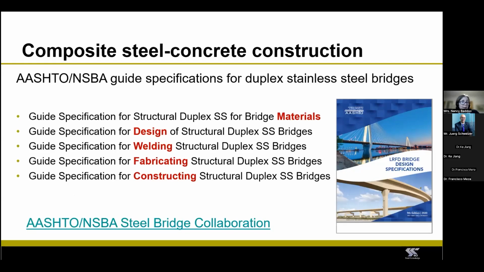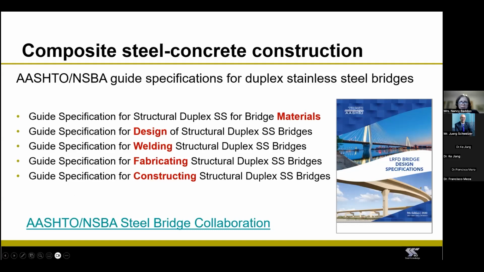So it's a family of coherent specs, materials, design, and that's the part that covers composite, and then complementary specifications covering welding, fabricating, and constructing. So around the world, there's a lot of activity in developing the design rules.